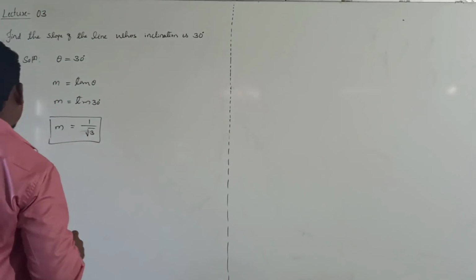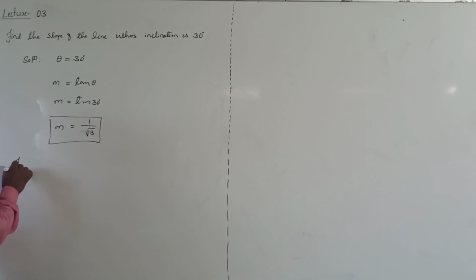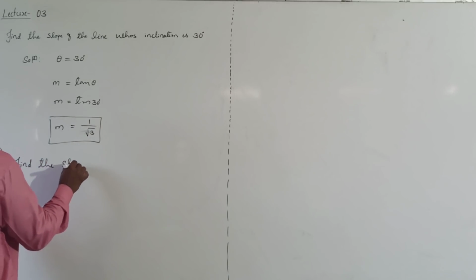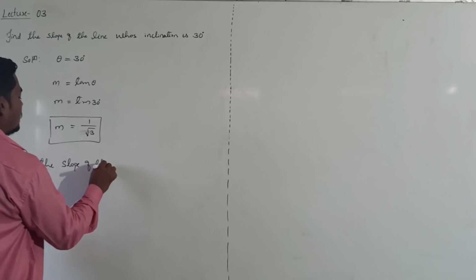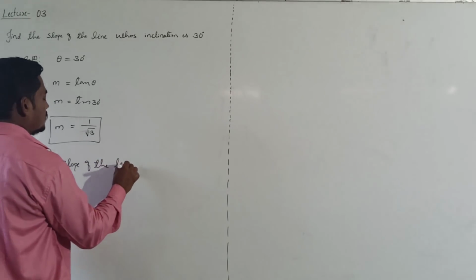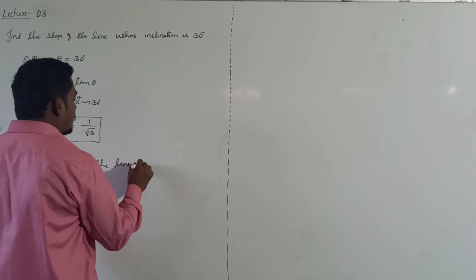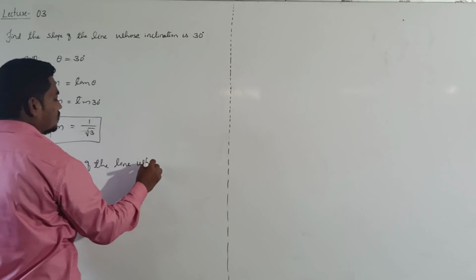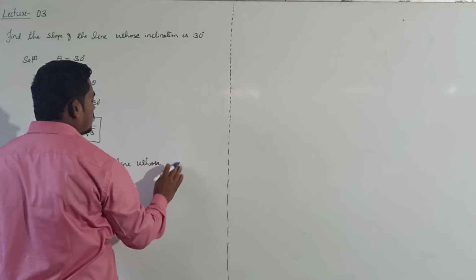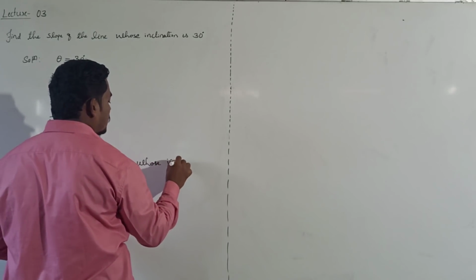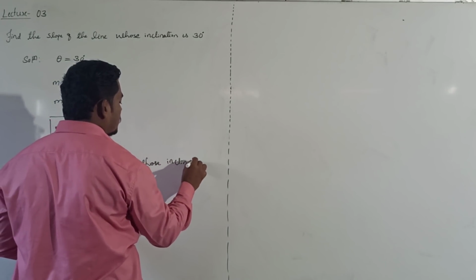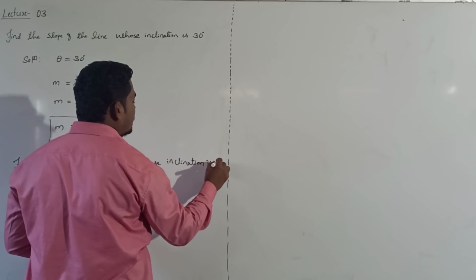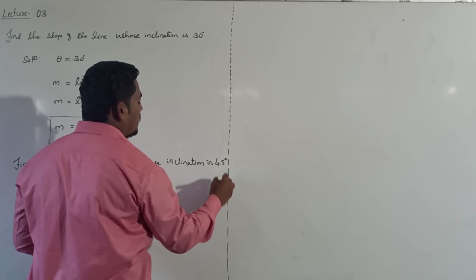Next problem, find the slope of the line whose inclination is 45 degree.